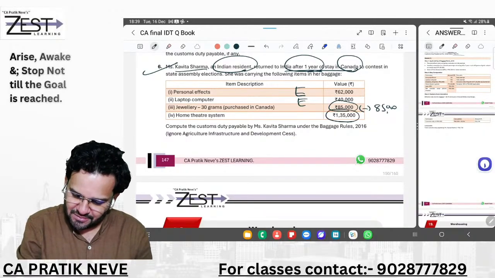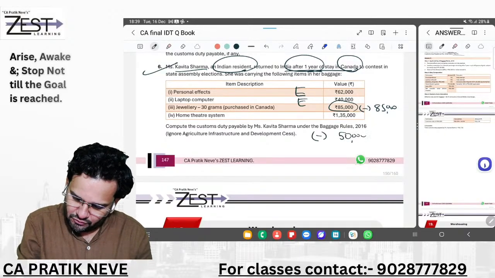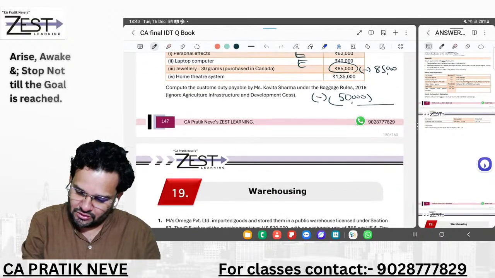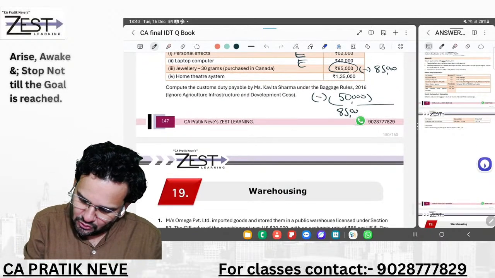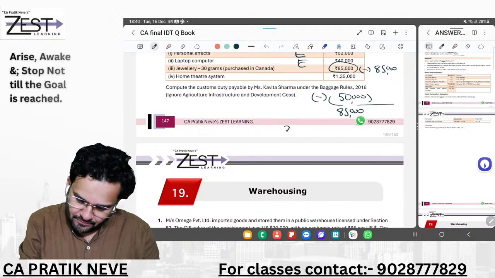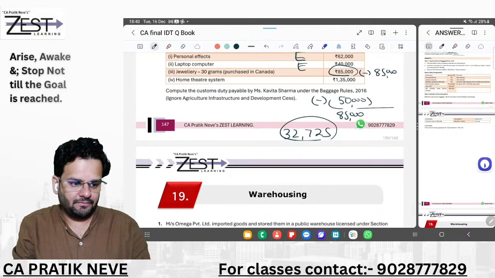Home theater system. So only home theater system will be taxable 135, but she will get a GFA of 50,000. So taxable will be 135 minus 50,000, that is 85,000. So on 85,000, calculate at 38.5%, which will be 32,725.